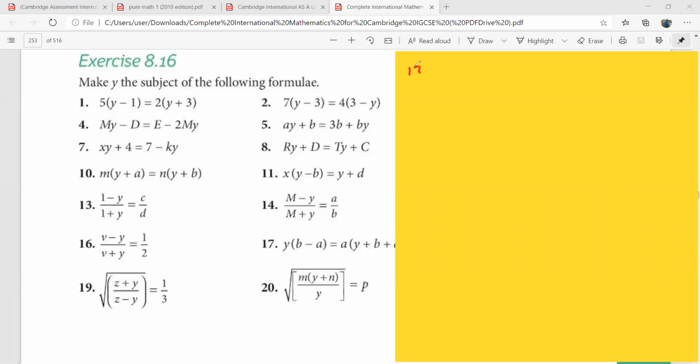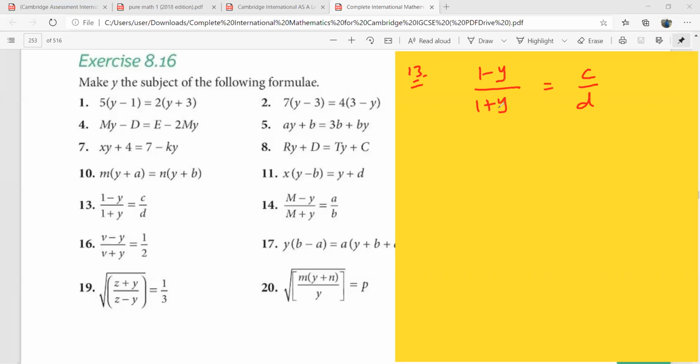Okay. You see, this is 1 minus y over 1 plus y. That is equal to c over d. Please remember, first thing, that you cannot cancel the y with the y. This is 1 minus y, 1 plus y. These are totally two different expressions. Secondly, you cannot take out y from the numerator or from the denominator. Okay.